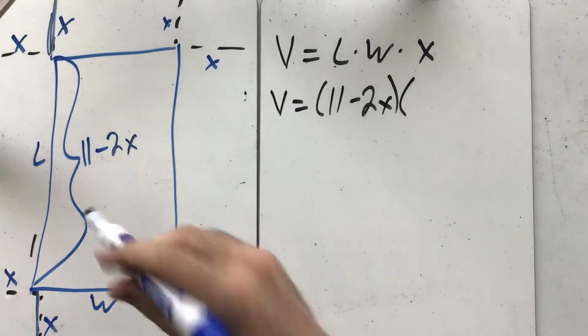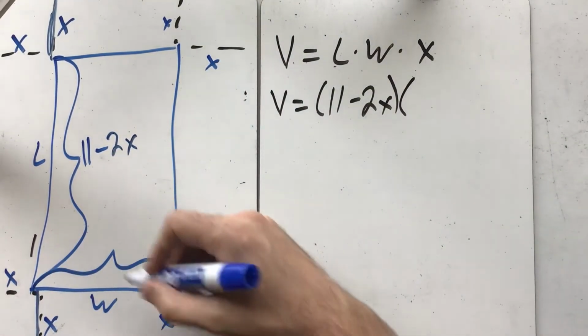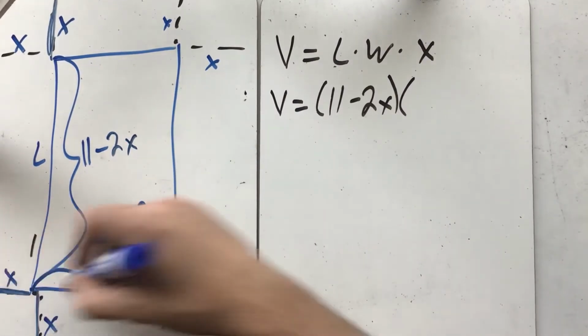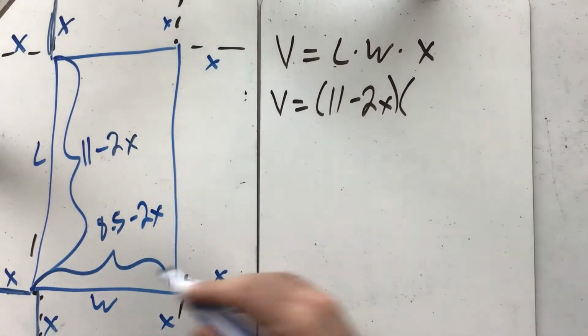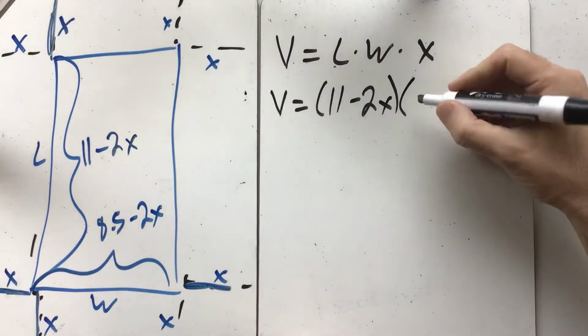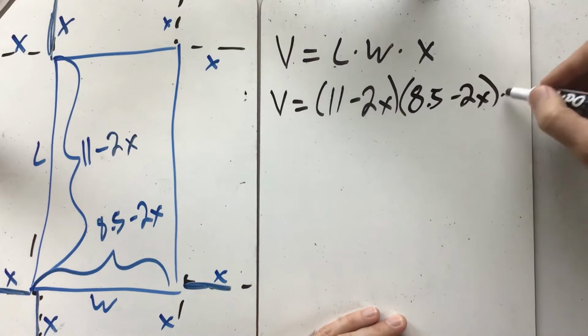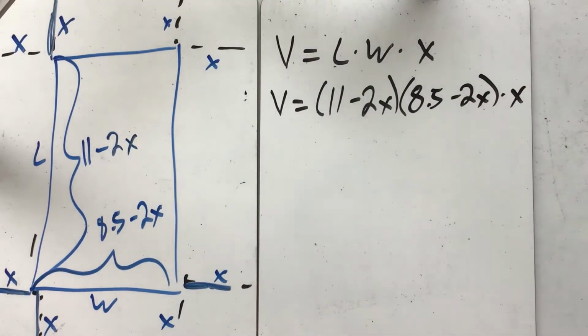And my width, well, this side was 8.5 minus 2X, because I had to subtract an X here and an X here. So that becomes 8.5 minus 2X times X. All right, so this looks like my equation, and now I need to do some calculus on this.